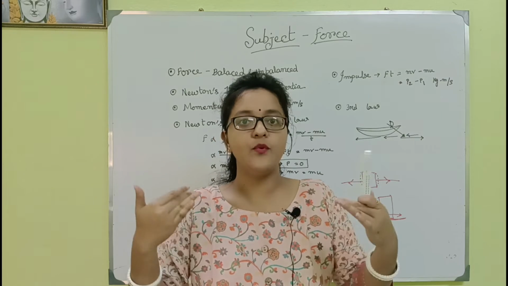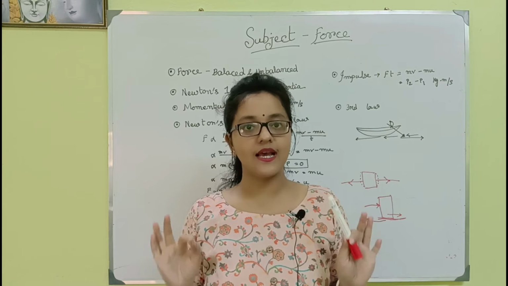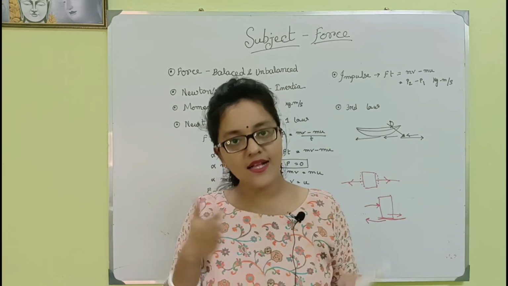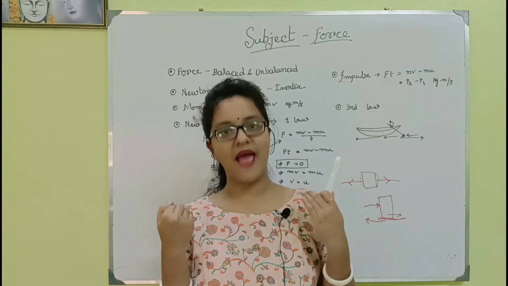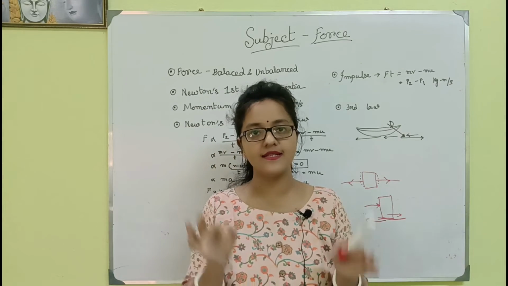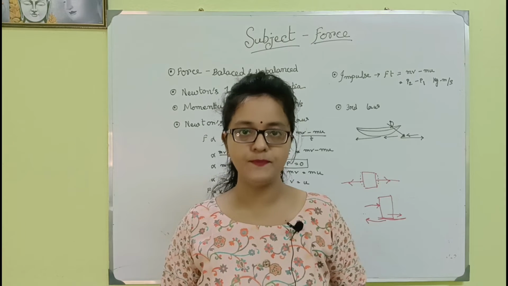But the upper portion of the body has the tendency to stay in the previous rest position. So in such a condition, the person has a tendency to fall backward. This is the inertia of rest, and this is the result of this type of inertia.